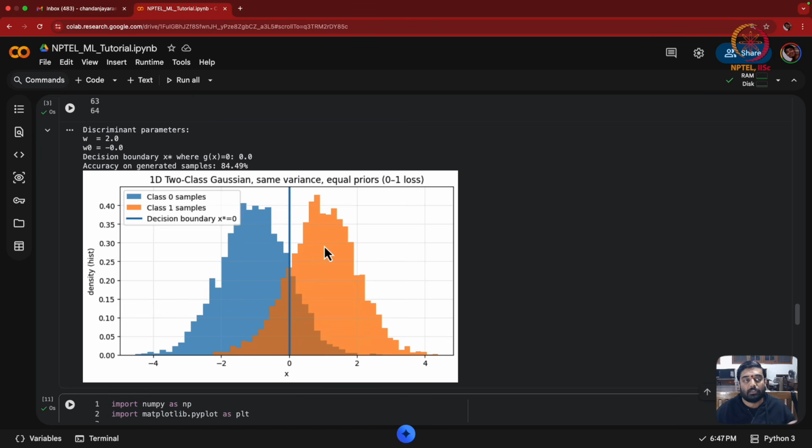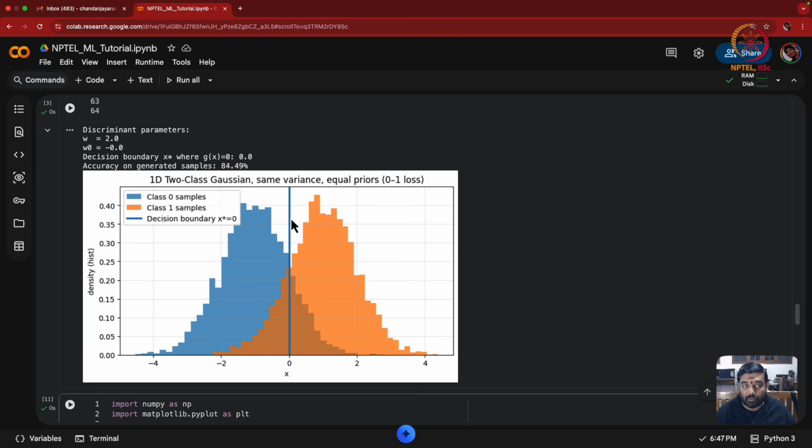We'll be sharing this code. You can look at it, but individually, this is what it is. This is the Bayes classifier, and we all know that the Bayes classifier is the optimal classifier. What will happen if I move this line here? In those cases, the error is not optimal, right?